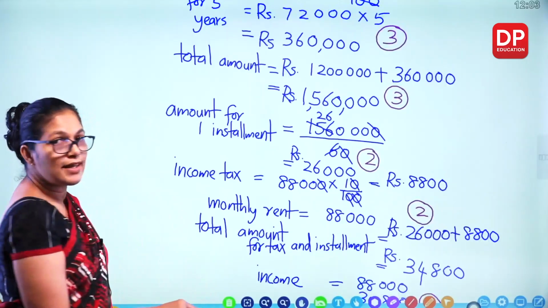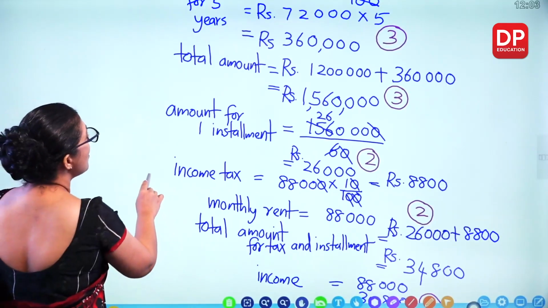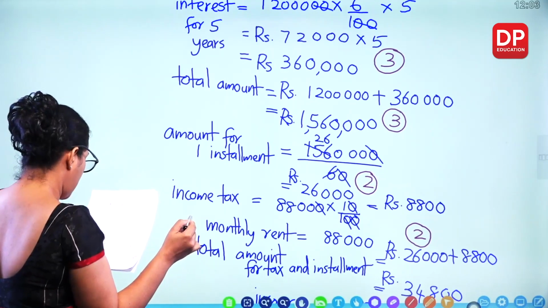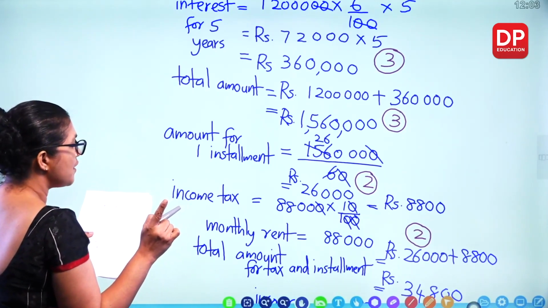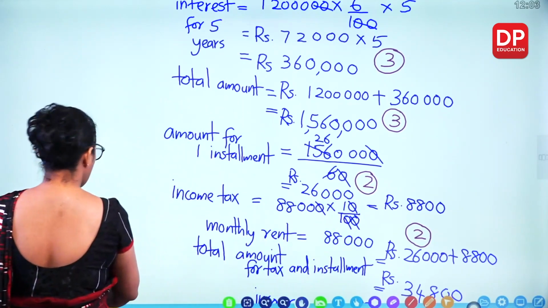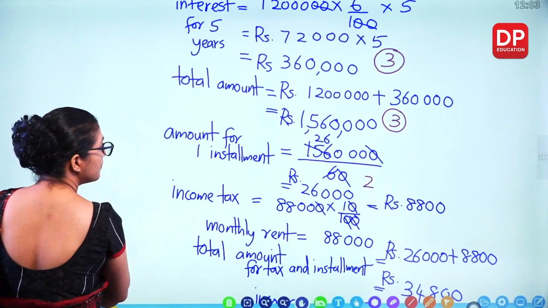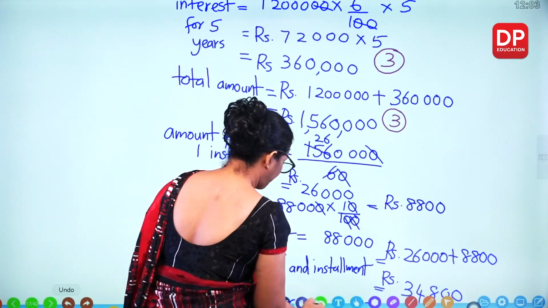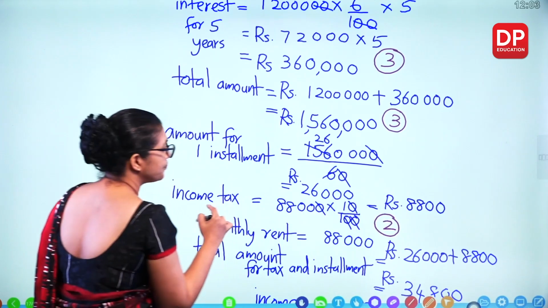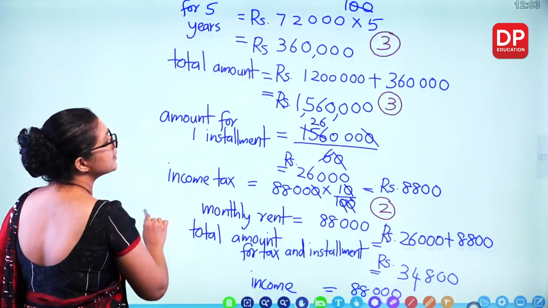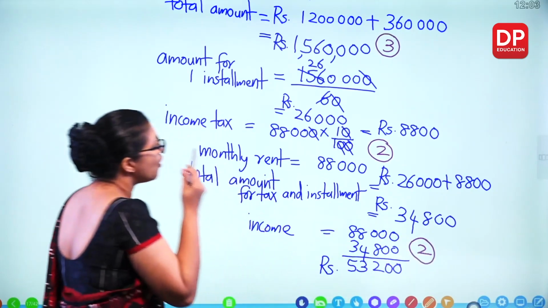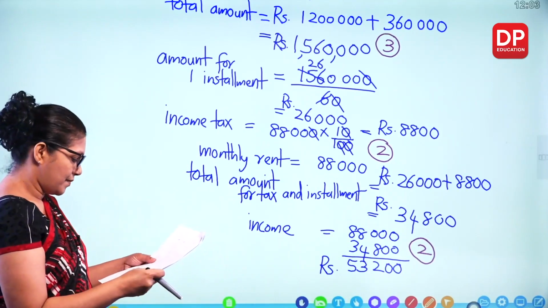We gave more than 10 here. So we need to deduct marks. I gave extra 2 marks there. So I can write here up to here 2 marks. And the final step, 2 marks. So altogether 10 marks for this question.